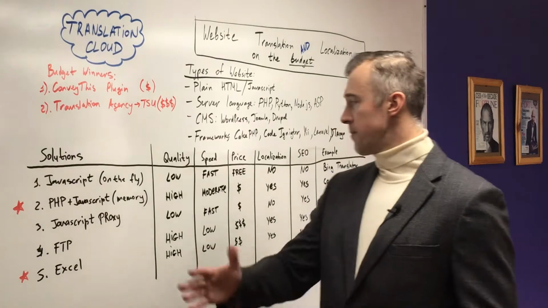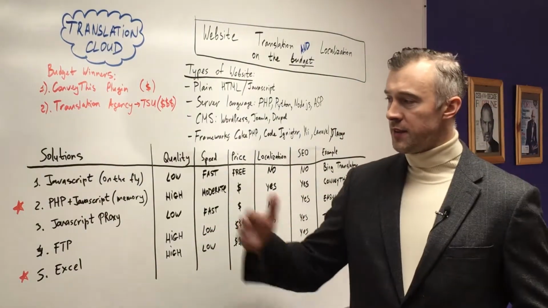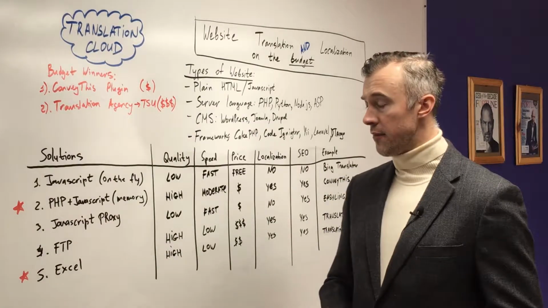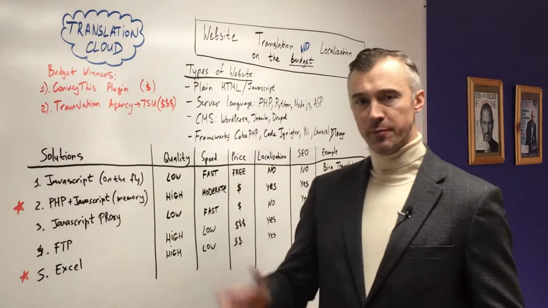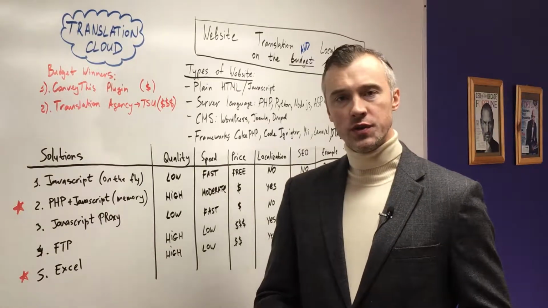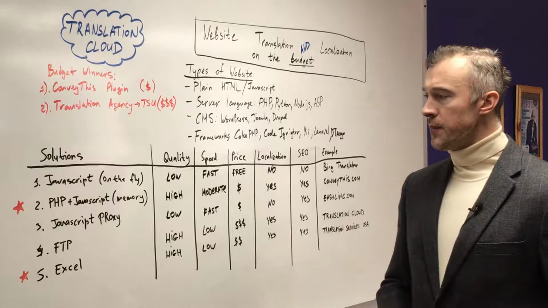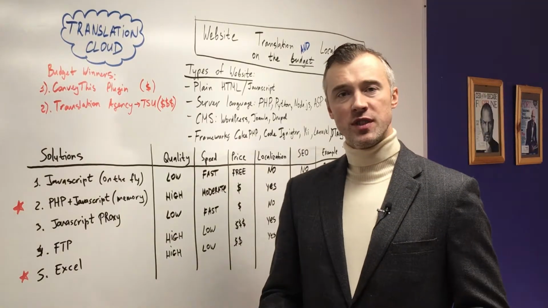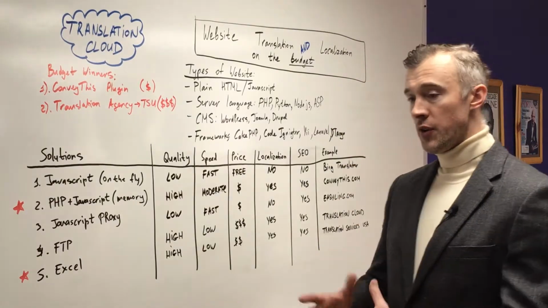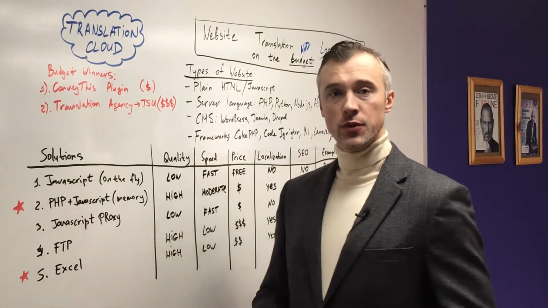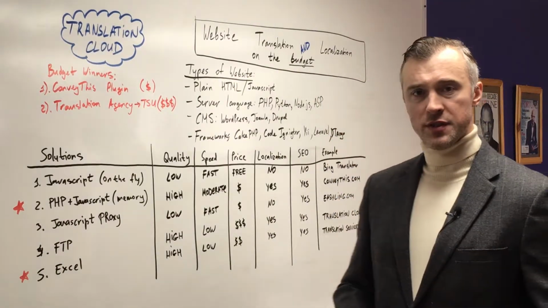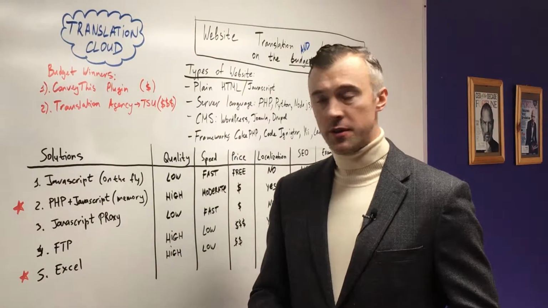So in this particular table, we nailed down 5 different options which our clients most commonly have. The first one is the JavaScript snippet. It's a very low-tech technology. You copy and paste a small snippet of code written in JavaScript and install it directly into your template, your website, or the web page where you want this language button to appear.